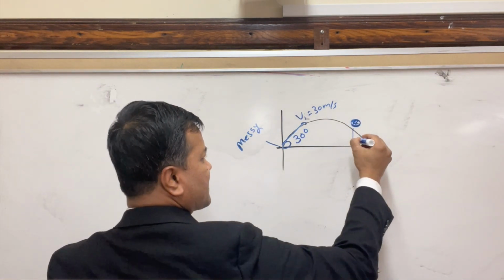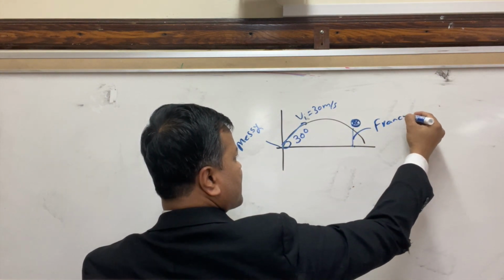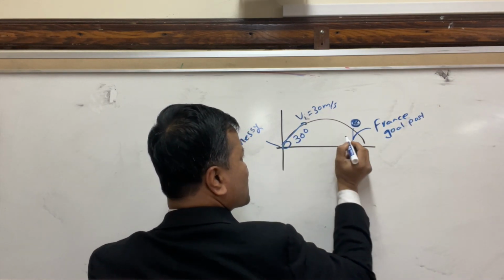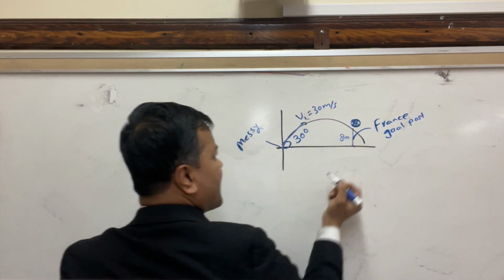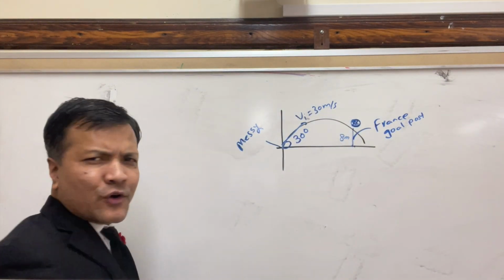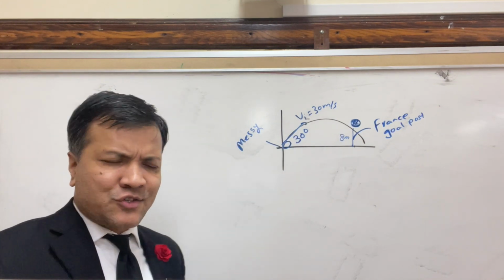This is the goal post, France goal post. The goal post is 8 meters long. However, the soccer ball went over the goal post, and I want you to know how much.